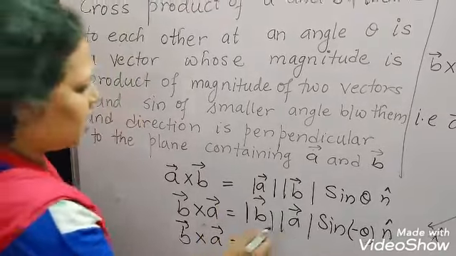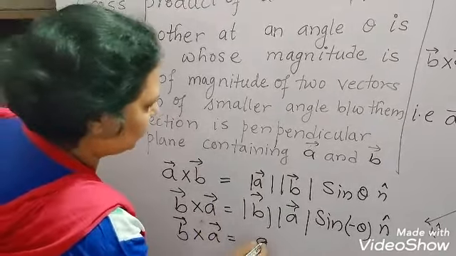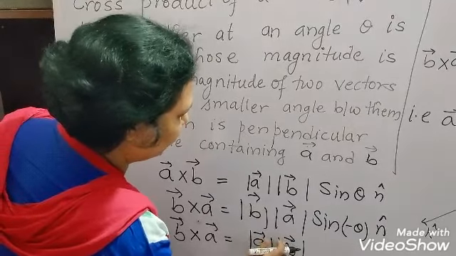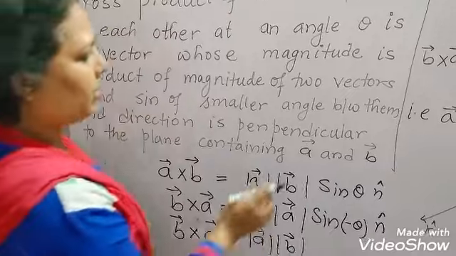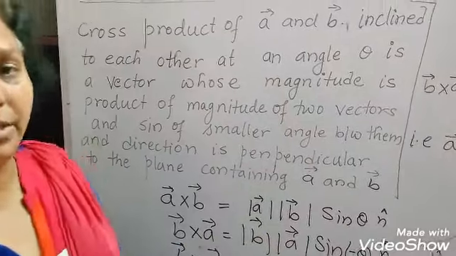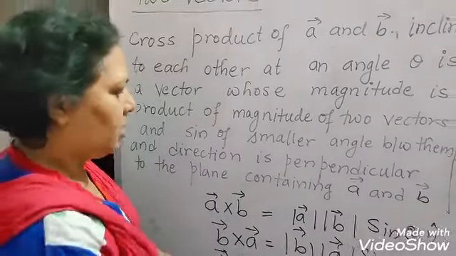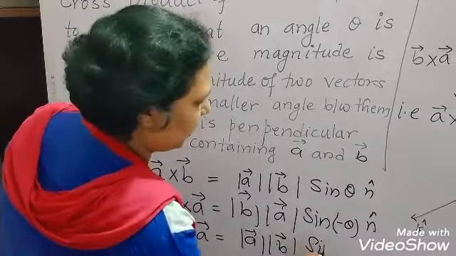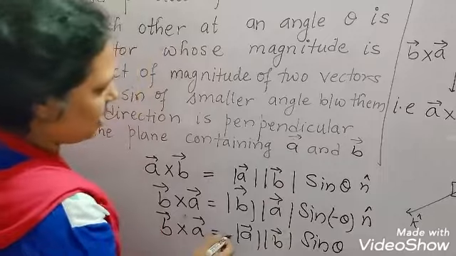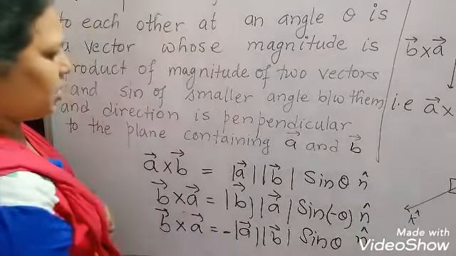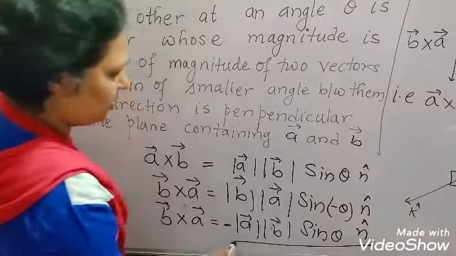Now this is B cross A. We can change the order of the magnitudes, no problem, because these are only magnitudes. But we know that sine minus theta is minus sine theta. So we can write sine minus theta as minus sine theta, times n cap. Now look at this quantity.